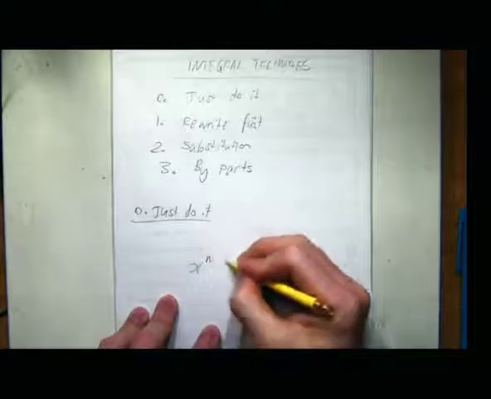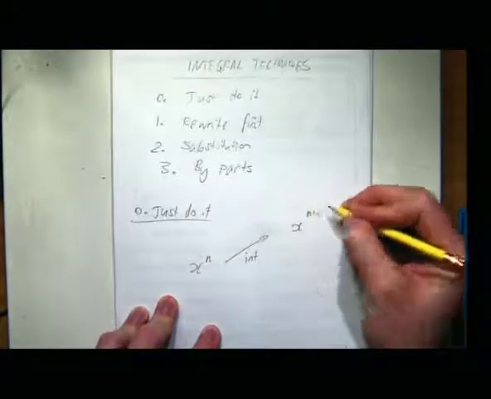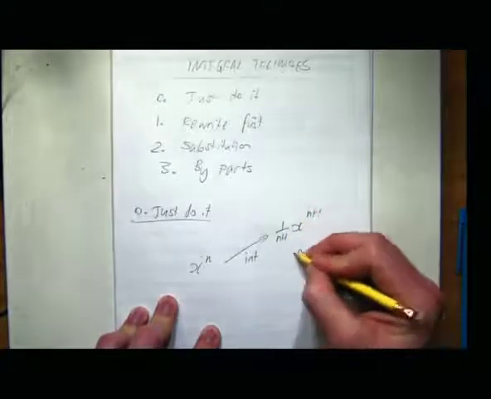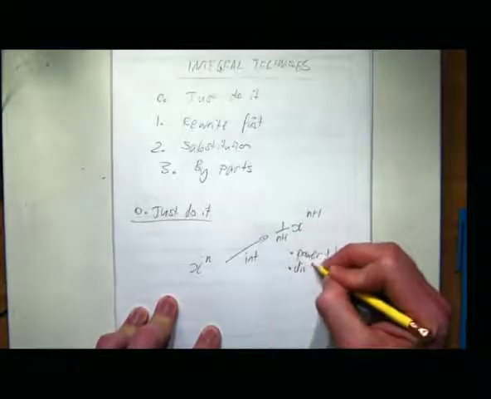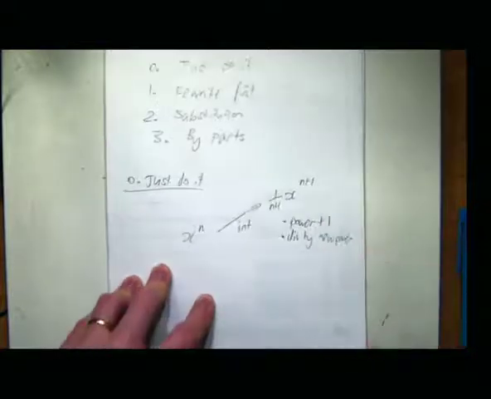And the reason integration is up is because the powers go up when you integrate. So if I was going to integrate something, the power goes up by 1 and I divide by the new power. So that's the most basic rule. Power goes up by 1 and I divide by the new power, which is the opposite of differentiation.